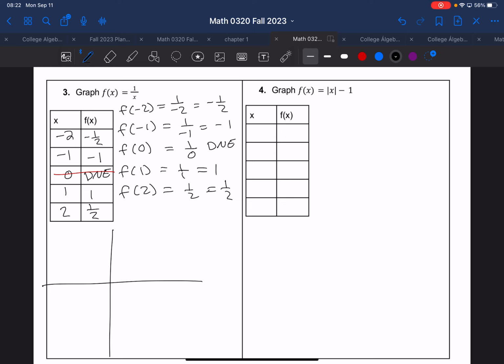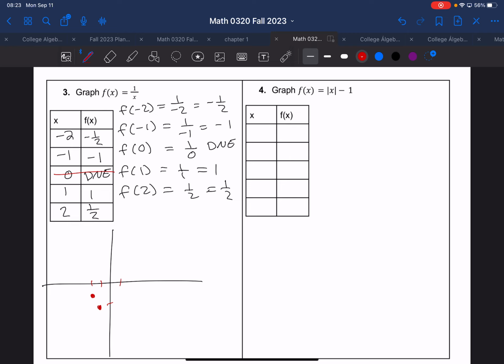So first graphing that negative 2, negative 0.5. Say that's right here. Again, this is just a sketch. Negative 1, negative 1. Okay, and then 1, 1.